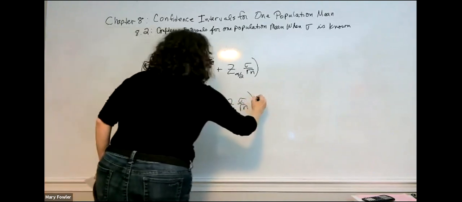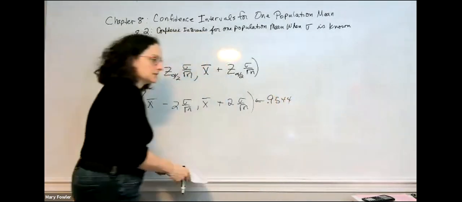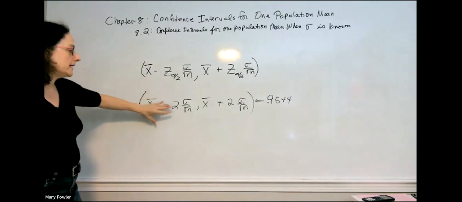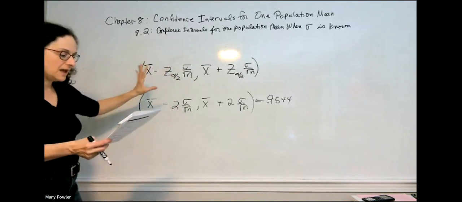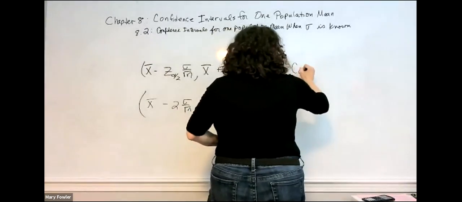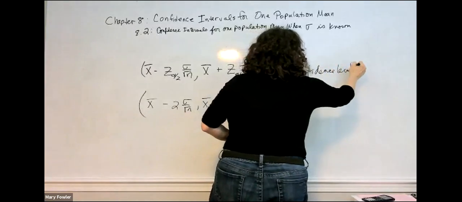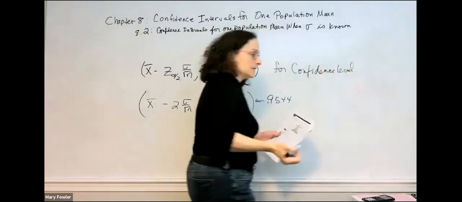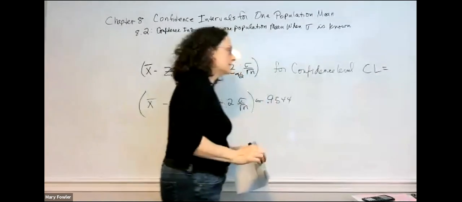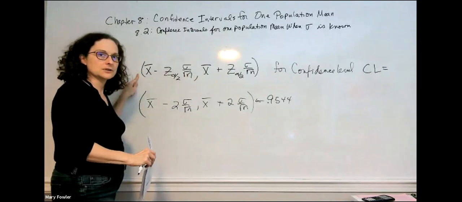And we said that that was the 95.44% interval. So what we're going to want to have is a way of getting a desired confidence level. So for any confidence level, right? If you give me a confidence level, maybe we'll call that CL, then I should be able to calculate a confidence interval.